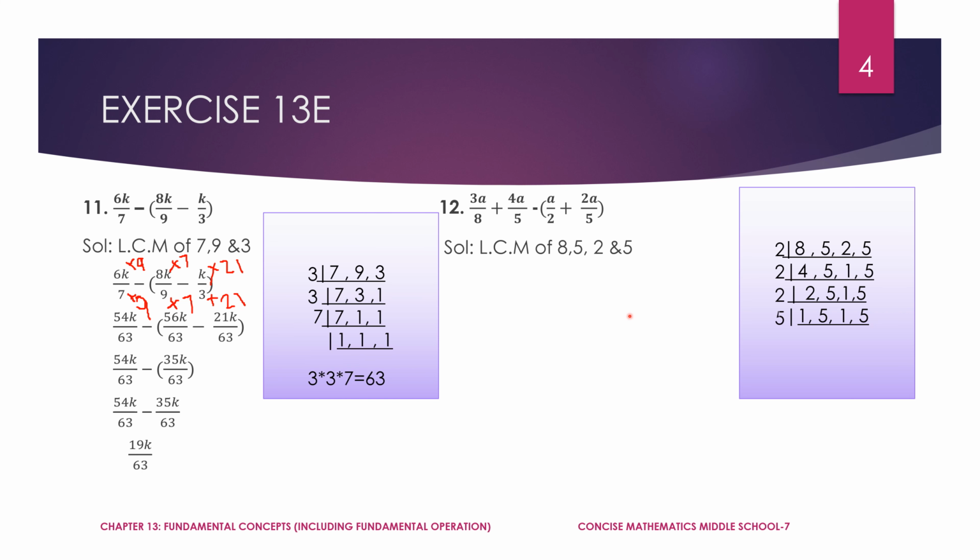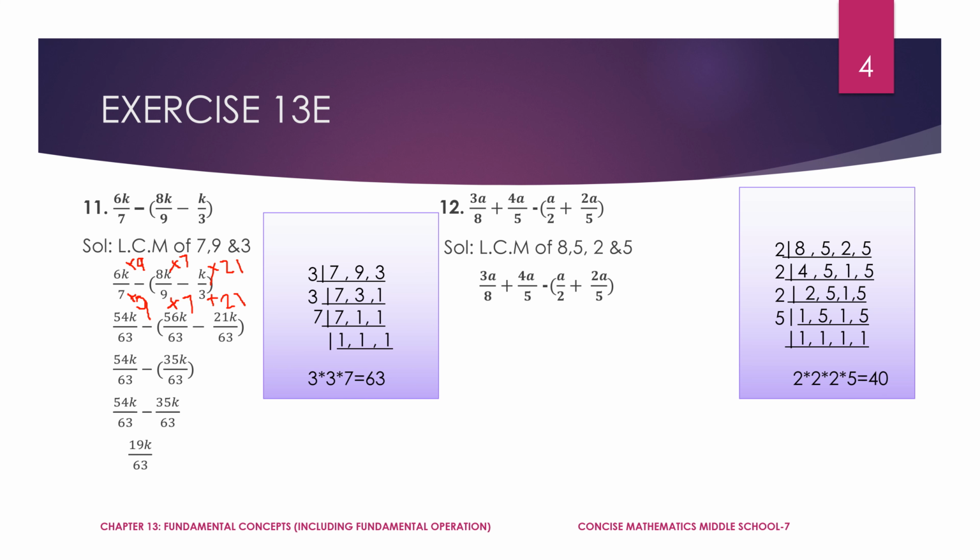Now again you can do it with 5. 5 1s are 5. Here also 5 1s are 5. So now you can multiply these prime factors. 2 into 2 into 2 into 5. That is 40.